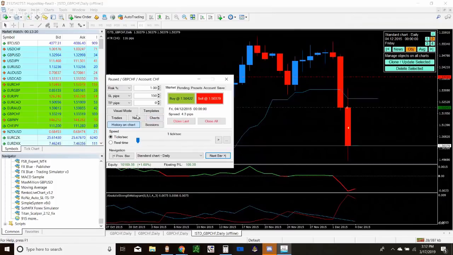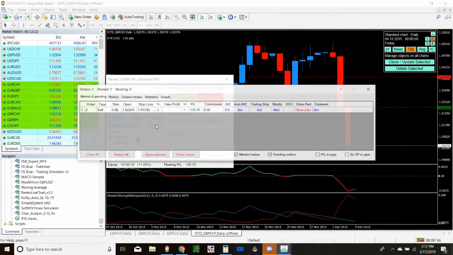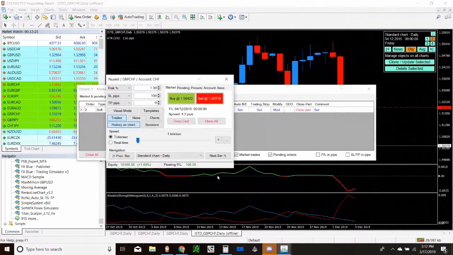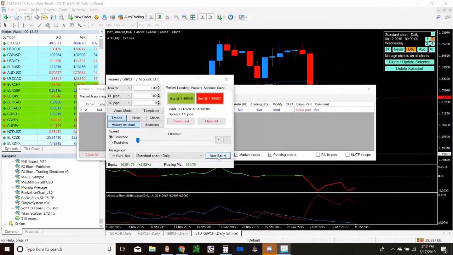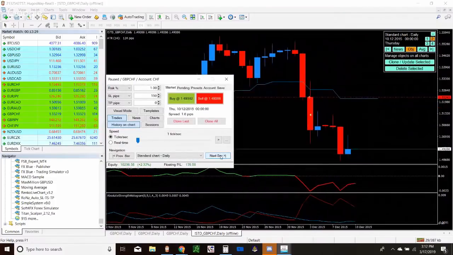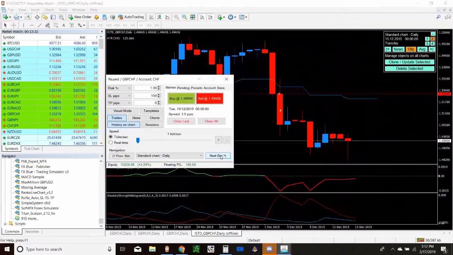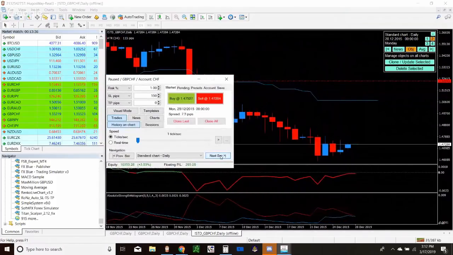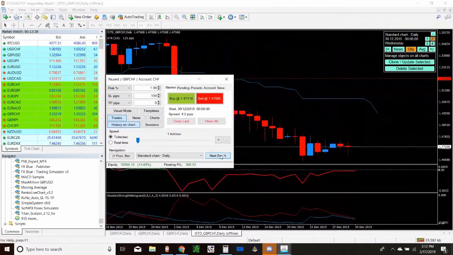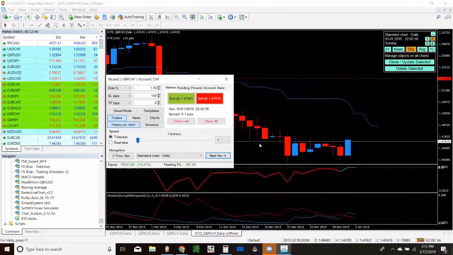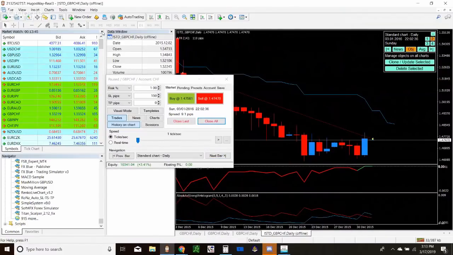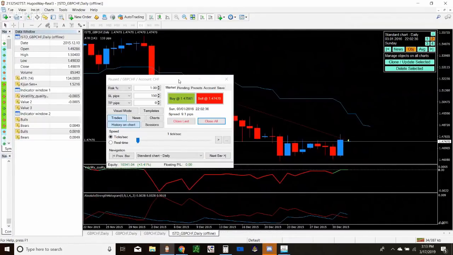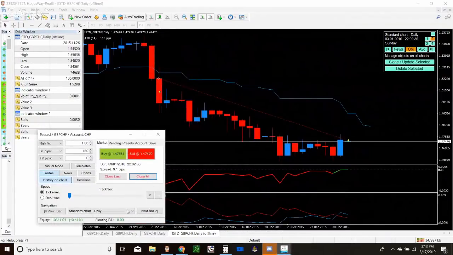Take profit, and then we're gonna open our trades. That one to break even. Oh yeah, I need to open that data window. I'll do that as soon as this one closes. Okay, data window open.